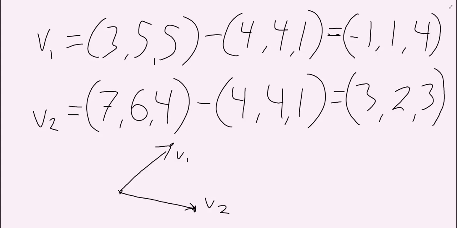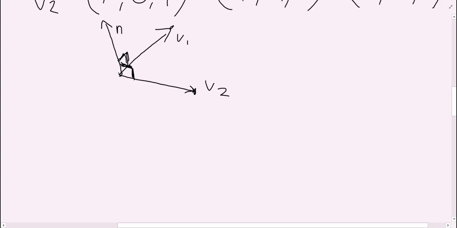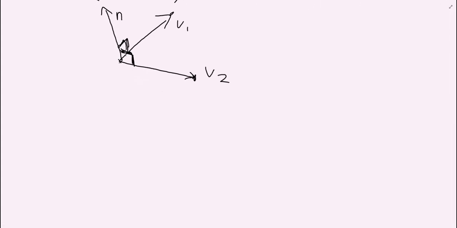So okay, we have these vectors v1 and v2, and what we want now is to calculate a vector n, which is perpendicular to both of those vectors, like so. So the way to calculate that vector is by using a cross product.